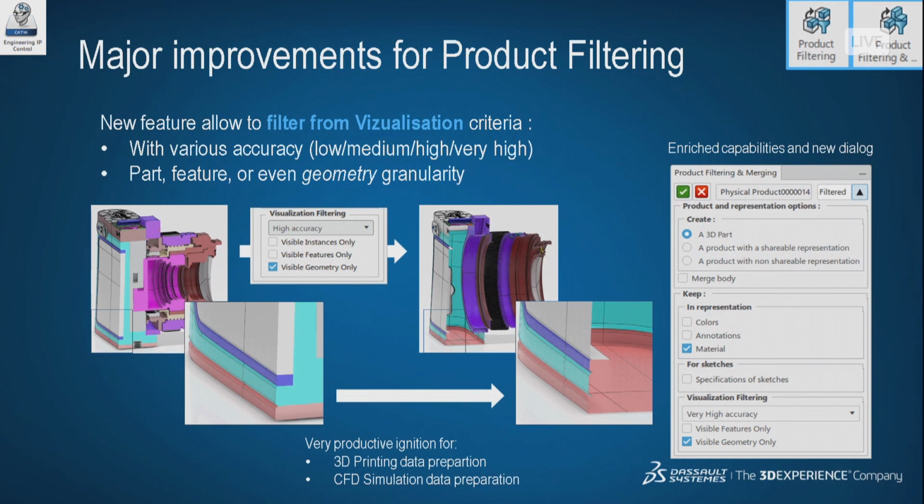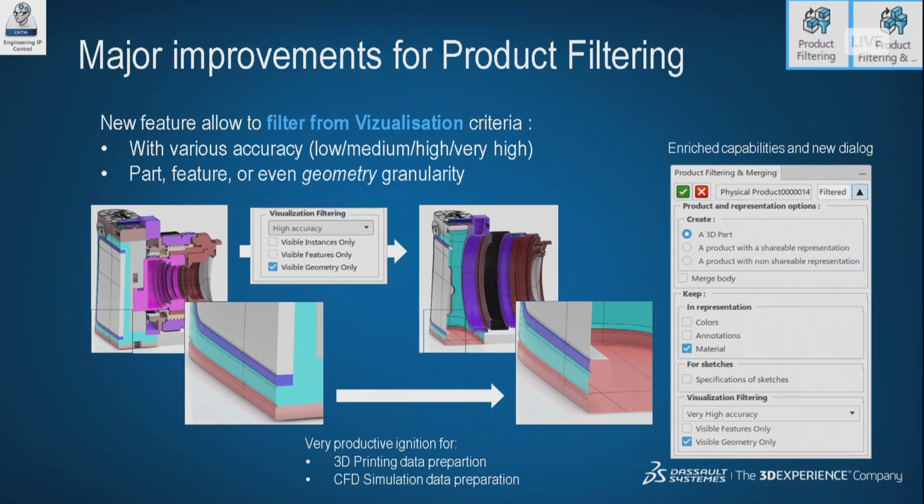So it means that on the left here, for instance, I have a camera with some internal mechanism, and I just want to give maybe to a designer or to marketing team or for 3D printing or for simulation people, I just want to give the external skin of the product. So here I'm able with the dialog to say I want to visually filter.